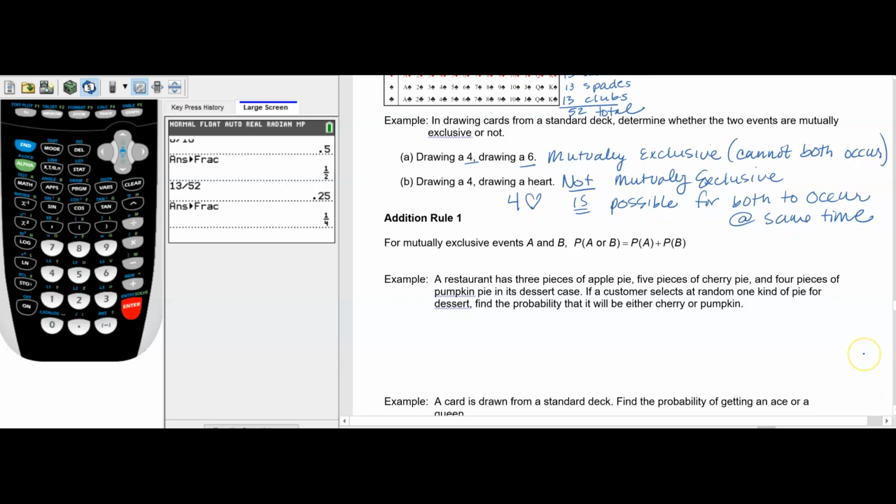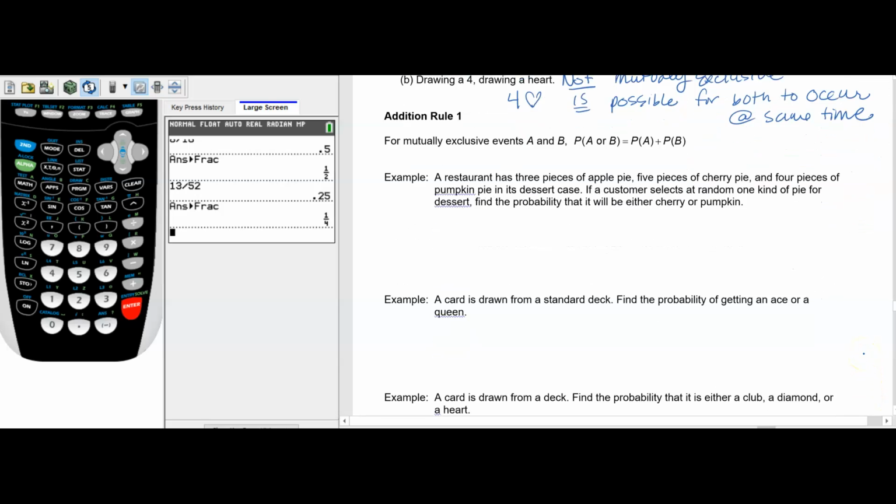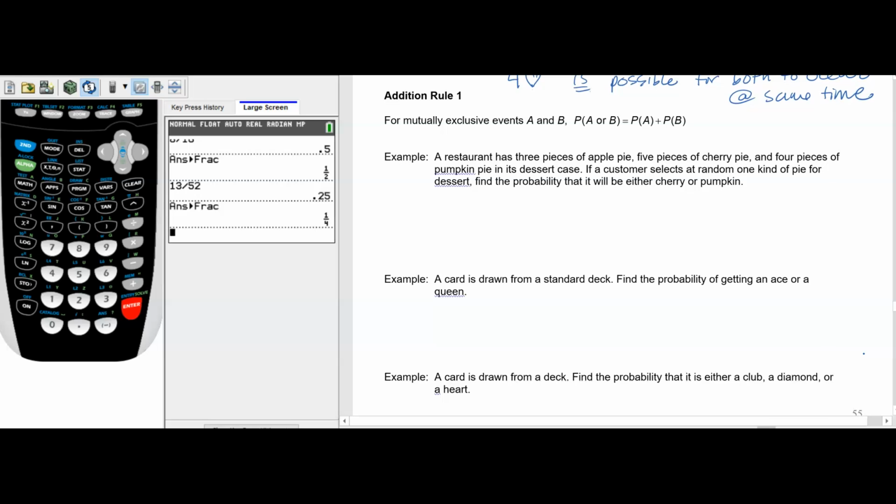and we can always come back to the terminology when we look at these examples. We've got this first rule, which our book calls Addition Rule 1. It says for mutually exclusive events, these are events that cannot occur at the same time, and I'm just going to keep writing this over so it helps us learn it, we have this formula, and I'm going to circle it: P of A or B is the probability of A plus the probability of B. What you really want to link together here is that the or goes with the plus.